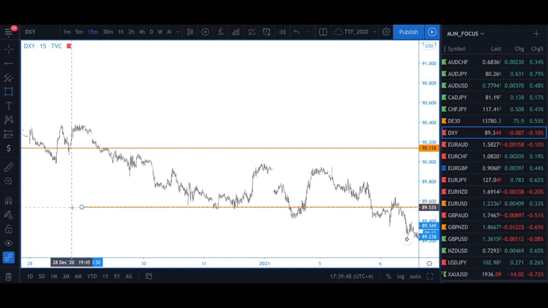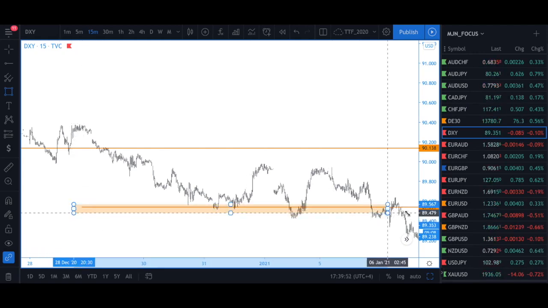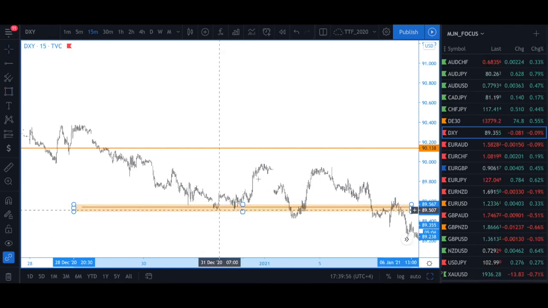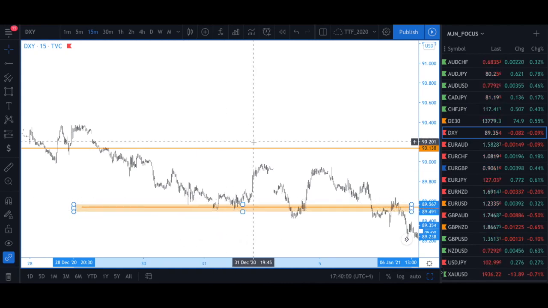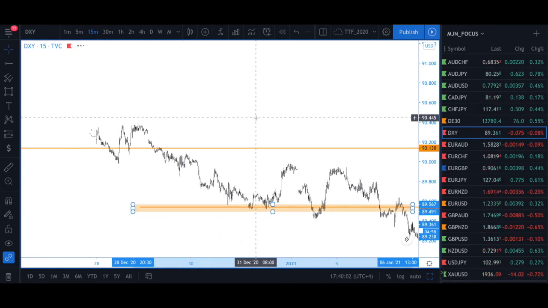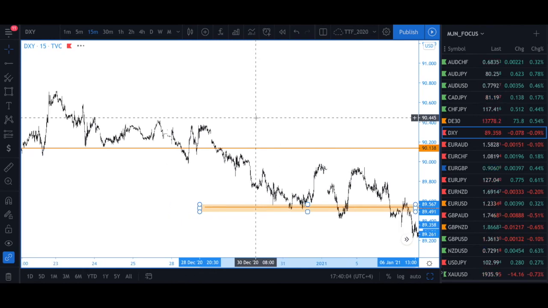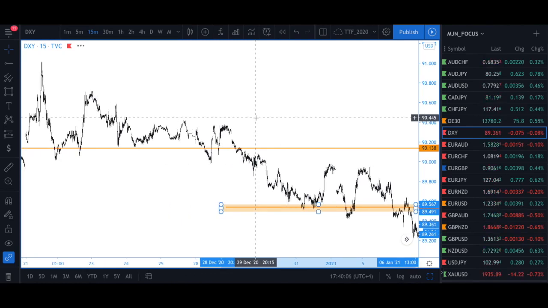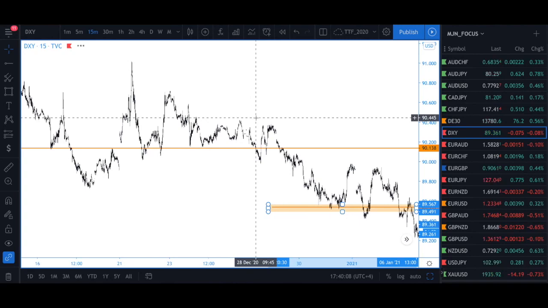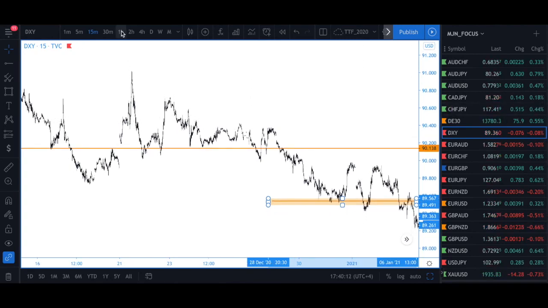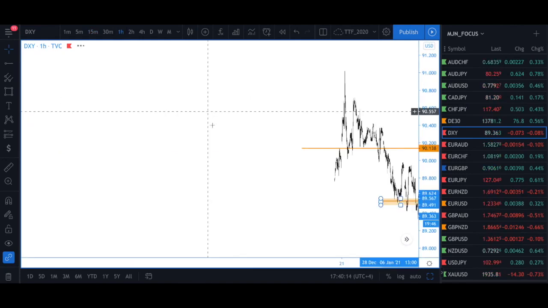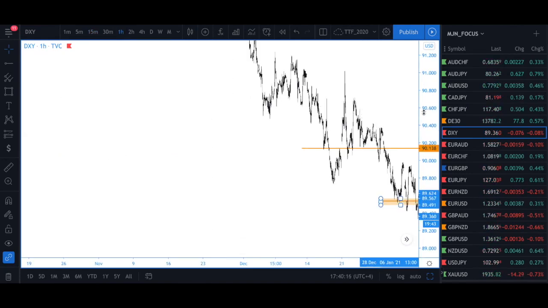So you can also have your support and resistance levels somewhere like this, for example, because it won't always be a specific point within the market where the price is rejecting or bouncing from. But I just wanted to show you this playing out over and over again on a trending market. So let's zoom out a little bit more. Let me move on to a slightly higher time frame so it's a little bit easier.